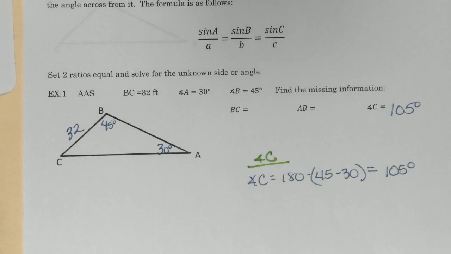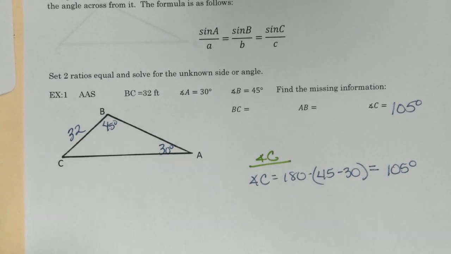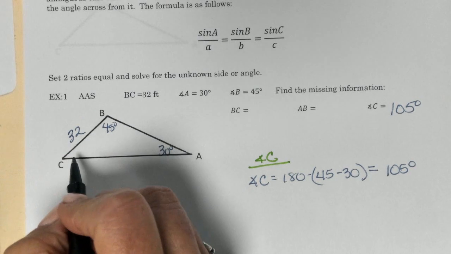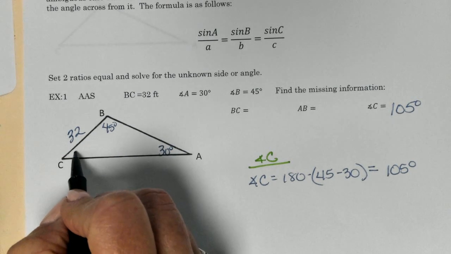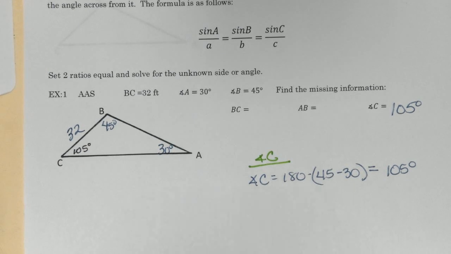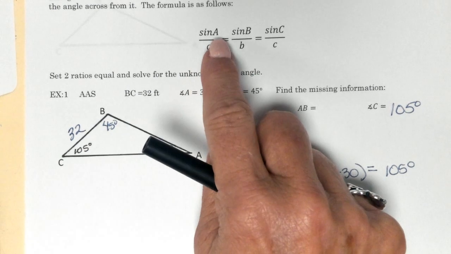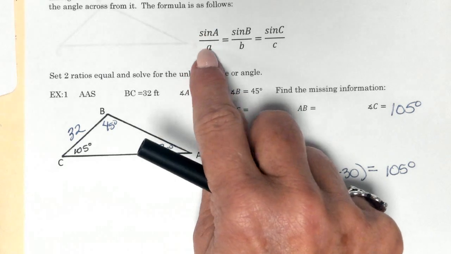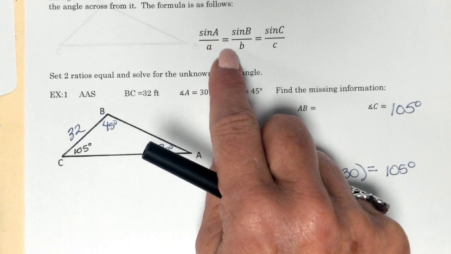To set up and solve the proportion, we need to look for a complete ratio, meaning we need to know a side and the angle across from it, and that's going to be our scale factor, so to speak.